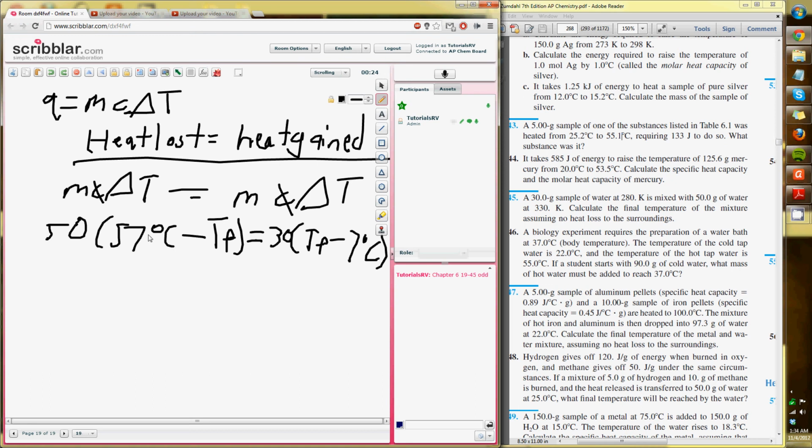And if you couldn't tell, I converted these into degrees Celsius because the numbers would be smaller, and it's not really that hard to switch these into degrees Celsius. You just subtract 273.